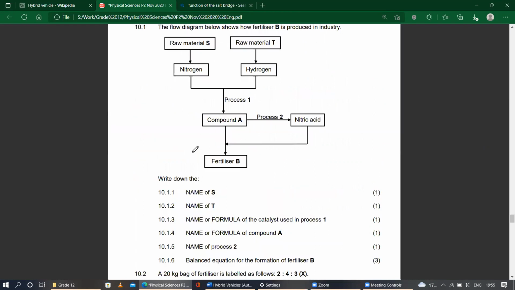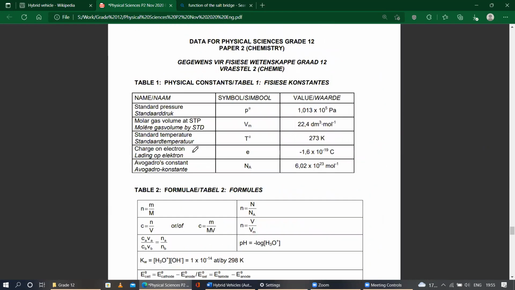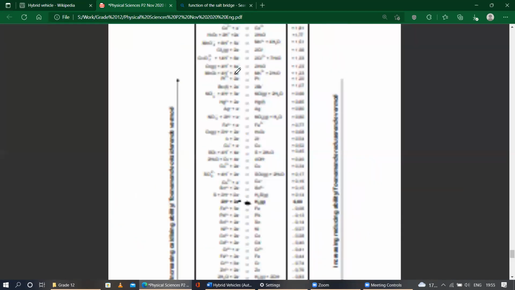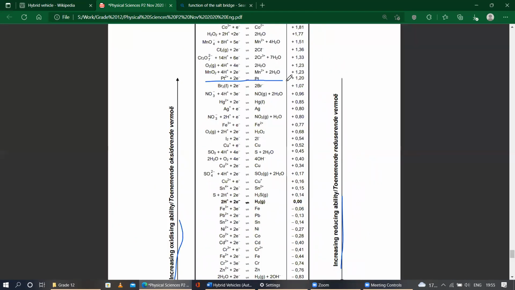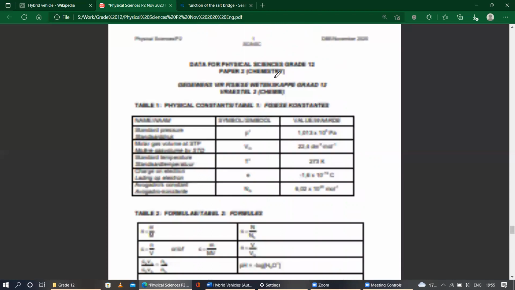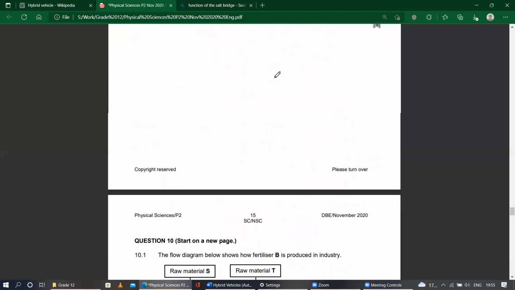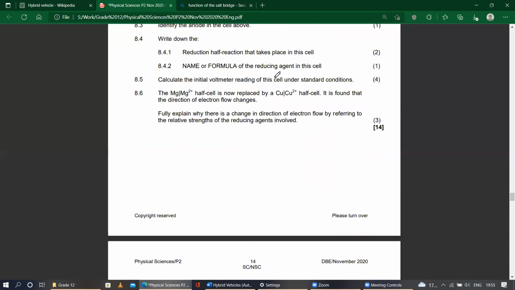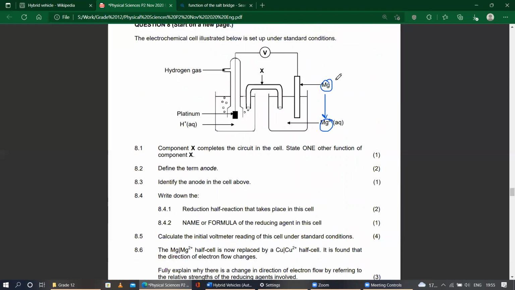In this particular case, it's going to be platinum. So you're just going to take this equation as it is and write it as your reduction half reaction, since platinum is going to be the one that's reduced. If they wanted the oxidation half reaction, you're going to take the equation for magnesium.